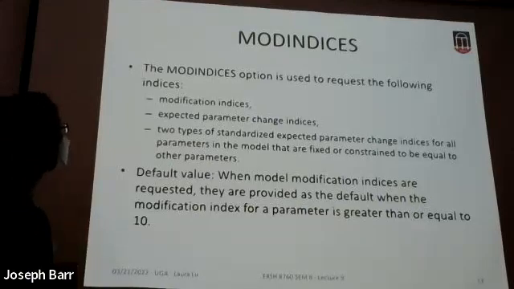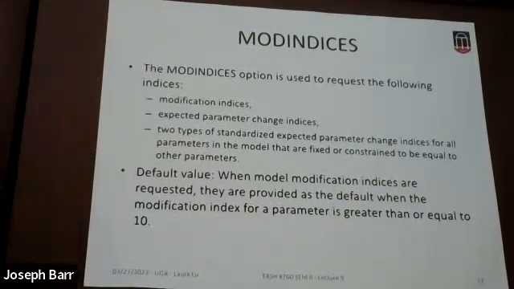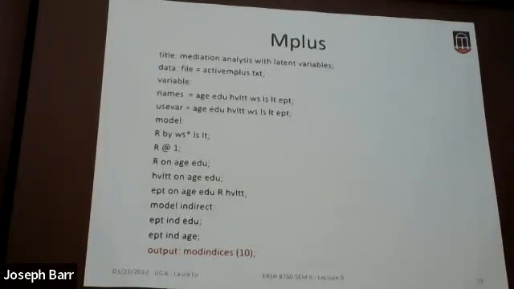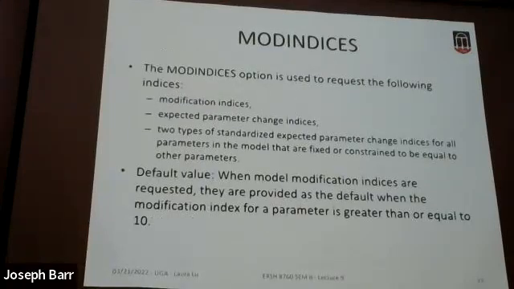So we have some reports: model modification indexes, expected parameter change indexes, and we also have different types of standardized expected parameter change, that's for standardized parameters. And we have some numbers. So what does that mean? If the index change is larger than that number, please show them. Please list all these possible ways. So this gives a threshold.